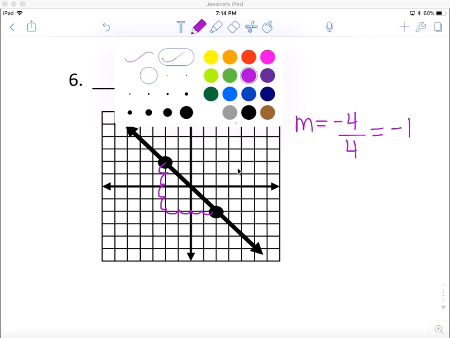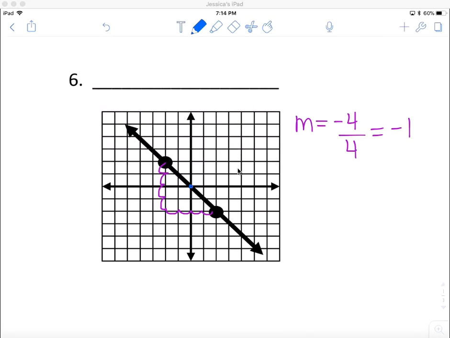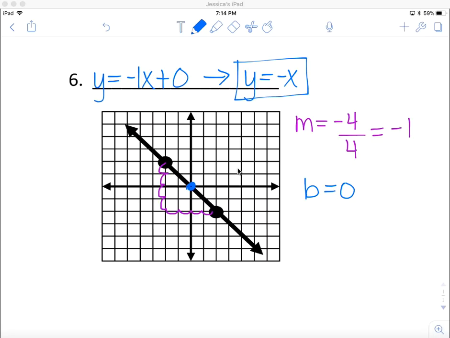For my y-intercept, I am crossing the y-axis at 0. Plugging these two things in, I would write this as y equals negative 1x plus 0. A more simplified version of this is just y equals negative x. Those mean the exact same thing.